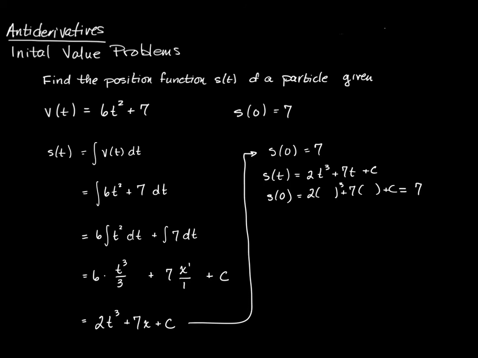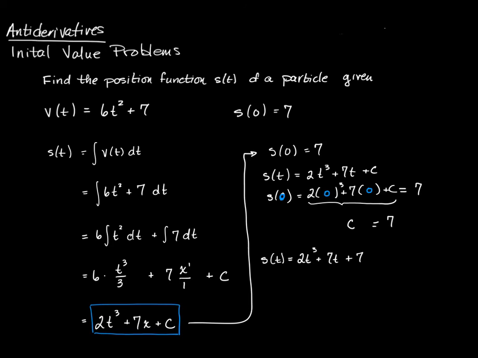So if I replace t with 0, I get 7 equals 0 plus 0 plus c. So now I know what c is. And now that I know what c is, I can plug it back in to my position function. My particular position function is s of t equals 2t cubed plus 7t plus 7.